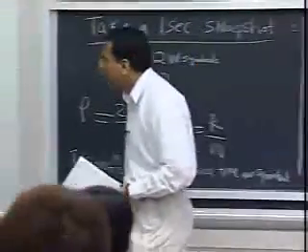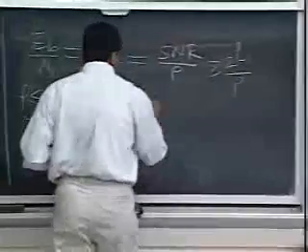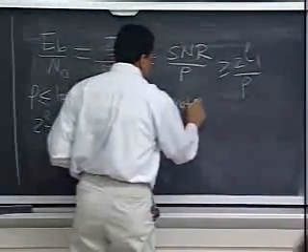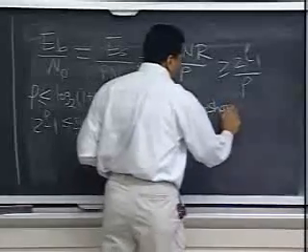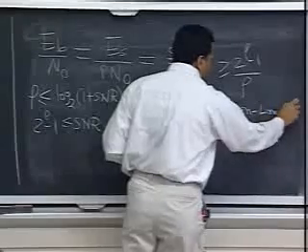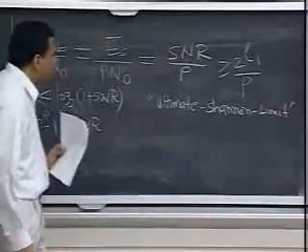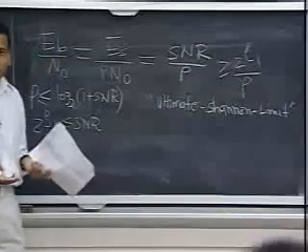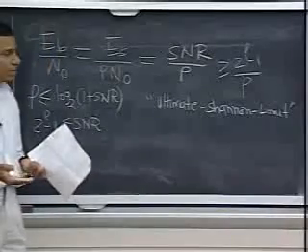So one particular concept that comes here is the idea of the ultimate Shannon limit. And basically, if we are talking about the power limited regime, our SNR is very small. So our spectral efficiency is going to be quite small.